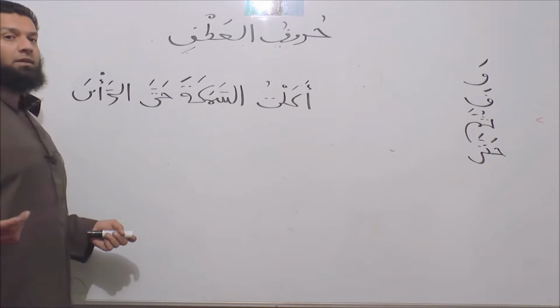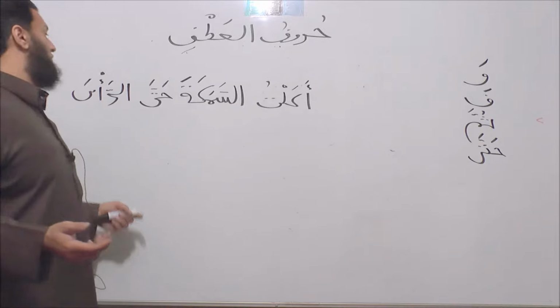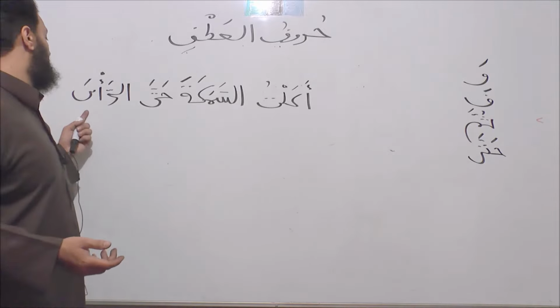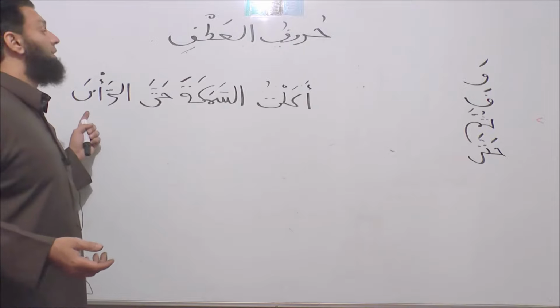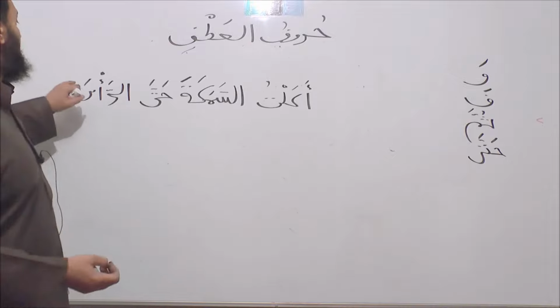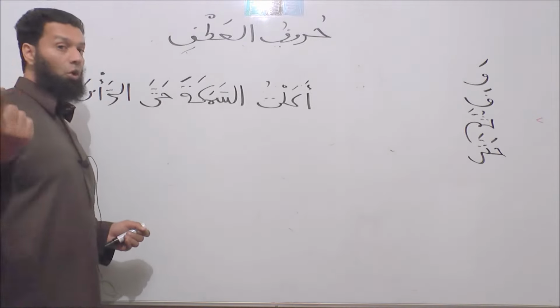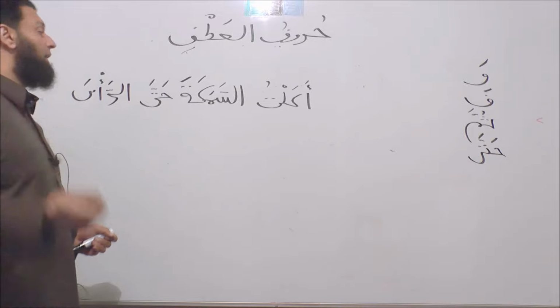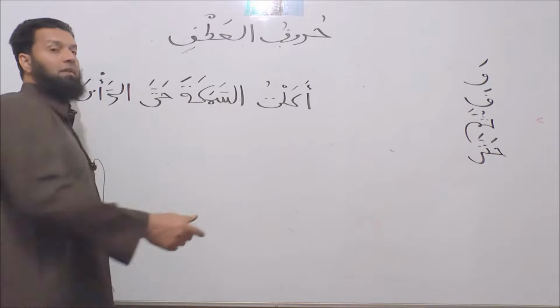Right? So that's why al-ra'sa here takes the same i'rab and the same hukm as as-samakata. It's mansubun, so it takes the same i'rab, it takes the same hukm. Why? Because I ate as-samakata, right?